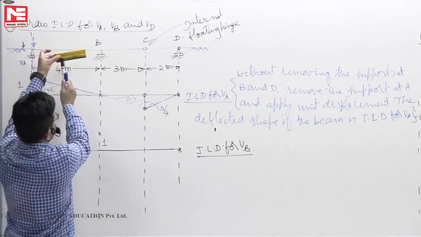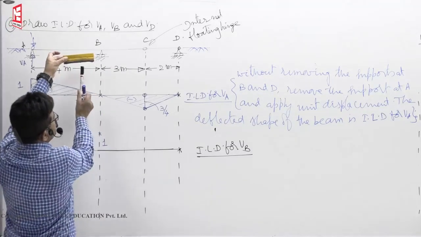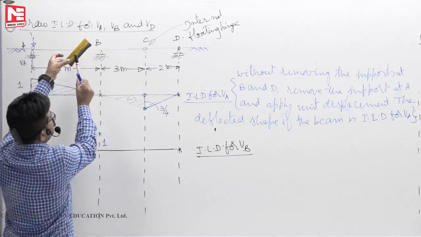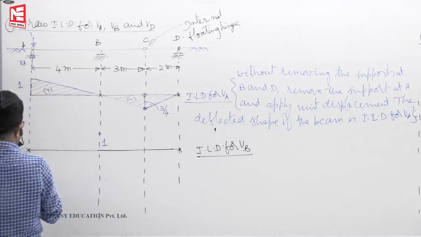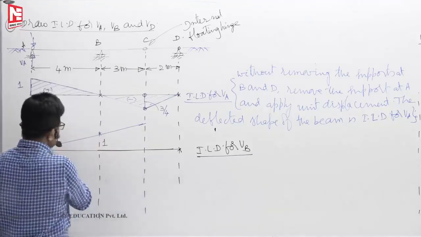Okay. Now A, where I am holding, is B, this is C. Remove the support, hold it, lift it by 1 like this. Now A to B to C, it is simply a straight line. So it will simply go like this. No bending.